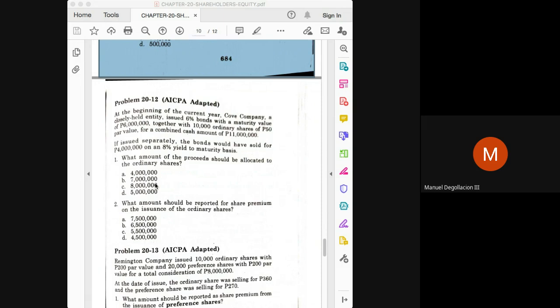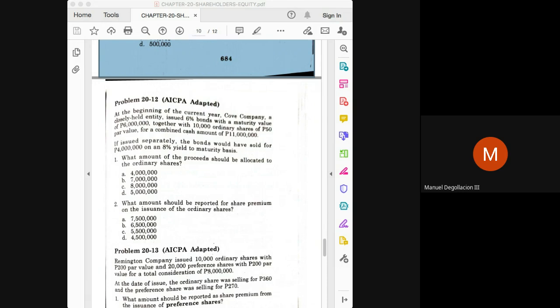That's a way of applying the residual interest concept. We will not be allocating them by using fractions based on their separate fair values.